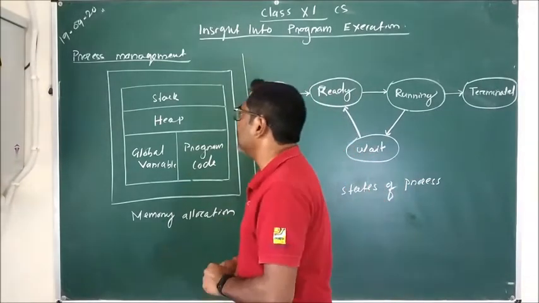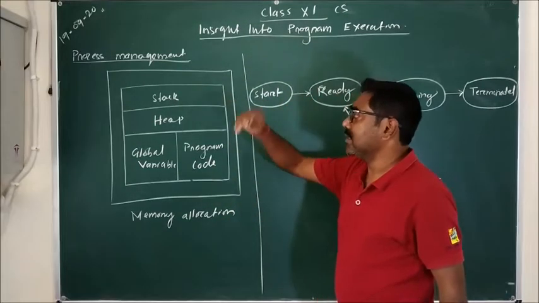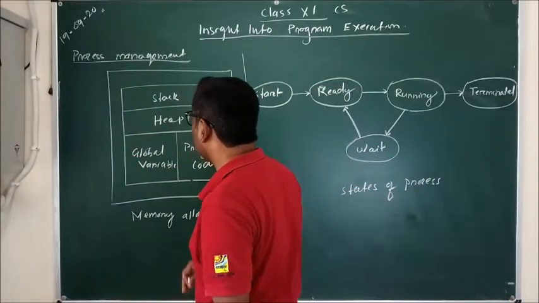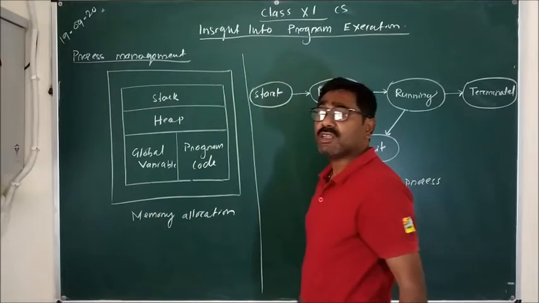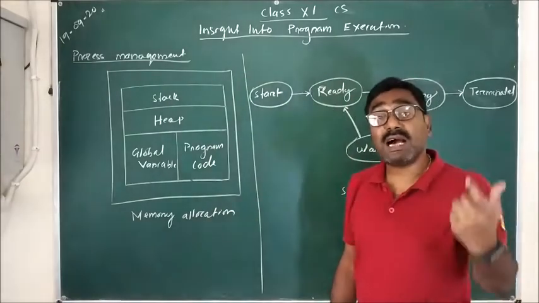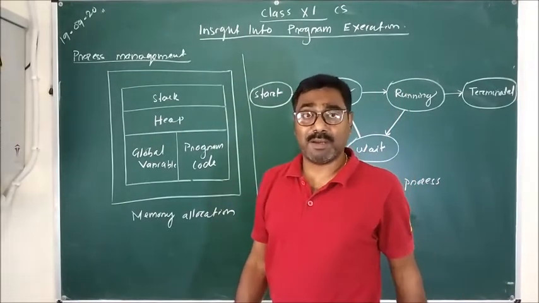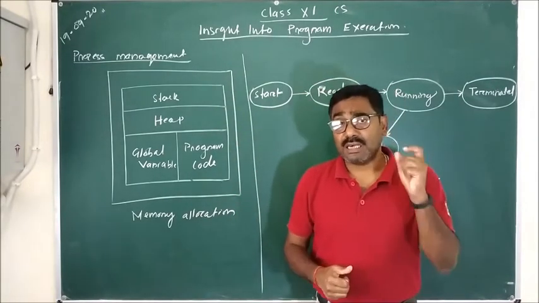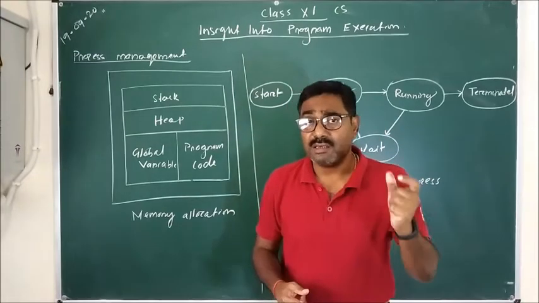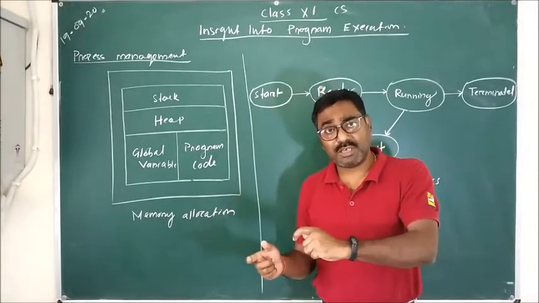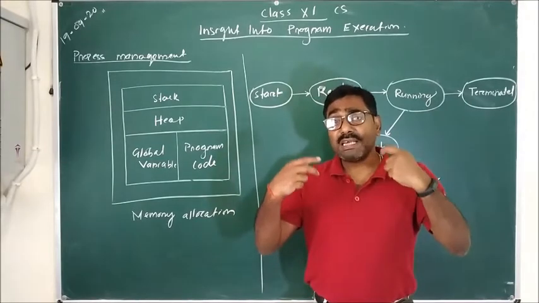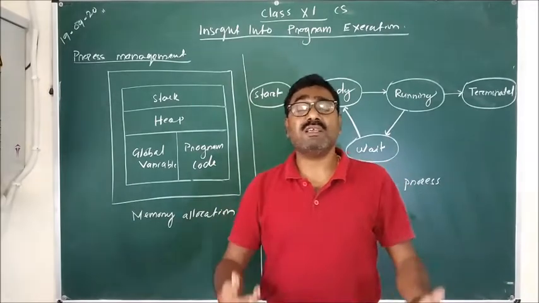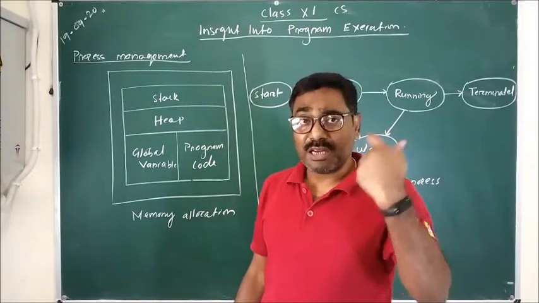Then two more things are there. One is the stack, another is the heap. As this area is for the global variable, likewise the heap is used for the local variable or dynamic allocation of memory. Dynamic allocation is a term used in computer science. That means memory which is allocated or assigned instantly to any kind of program.